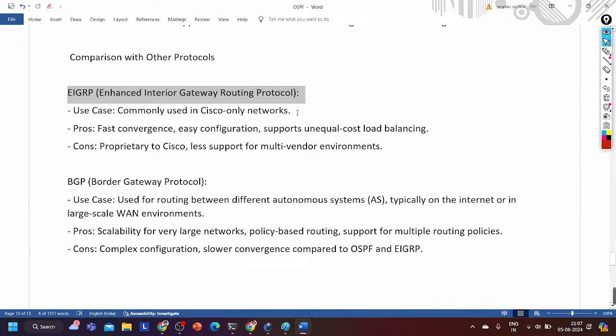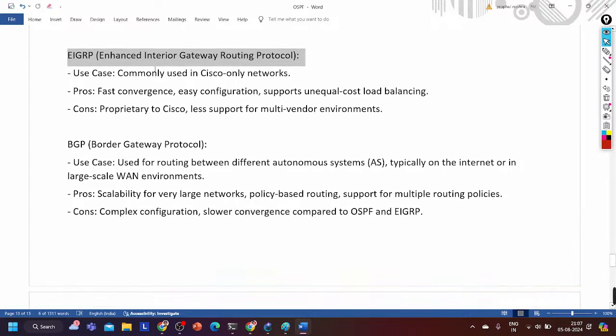We can configure it on Cisco devices as well as on non-Cisco devices.